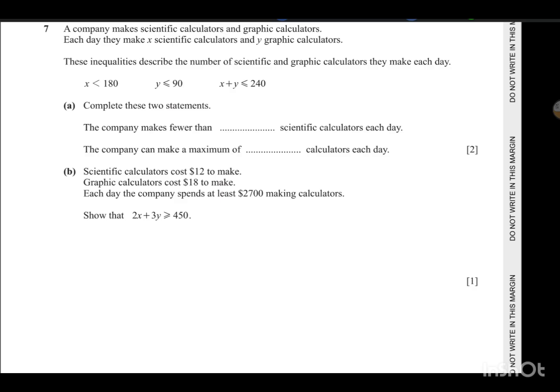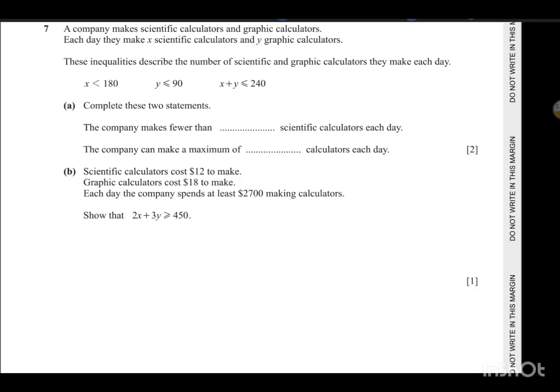Y is graphic calculators, at most 90. If you sum both, they are less than or equal to 240, that means maximum 240, not more than that.